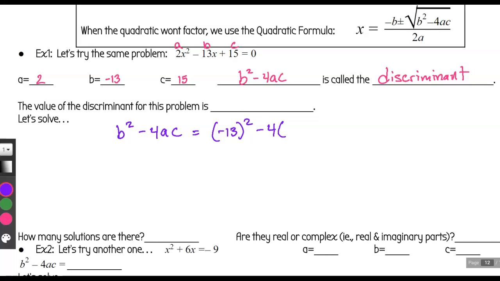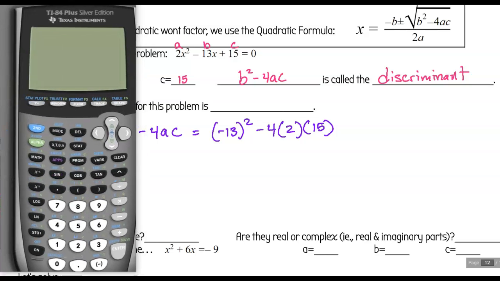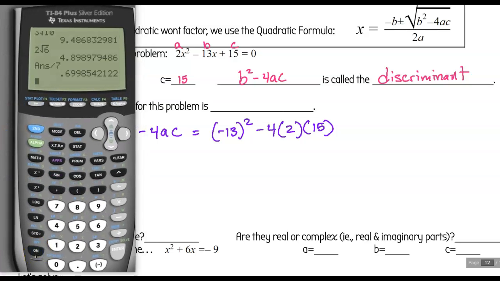What's our a? 2. What's our c? 15. So now we're going to put this entire thing in our calculator. We have negative 13 squared minus 4 times 2 times 15. And we get 49.